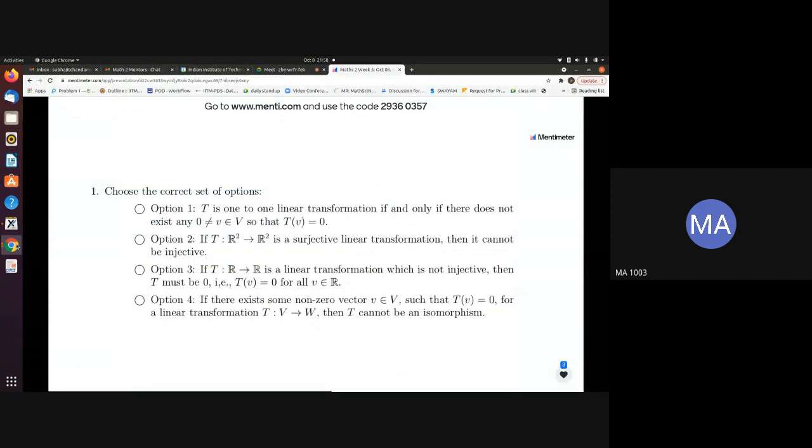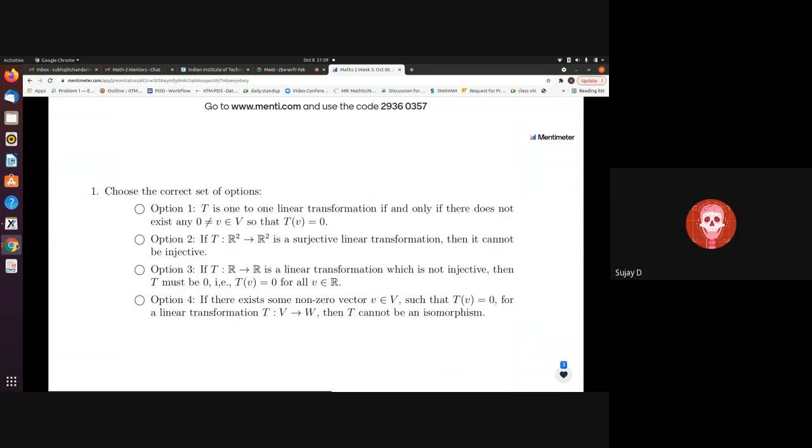So, what about the third option? If T is not injective, then T must be 0. You are saying it is true. Why?